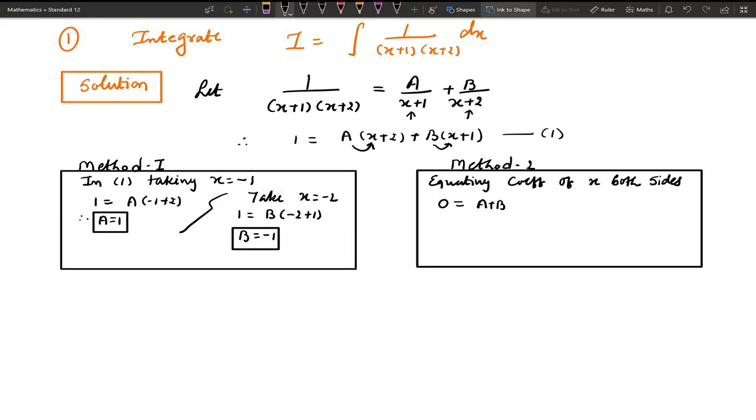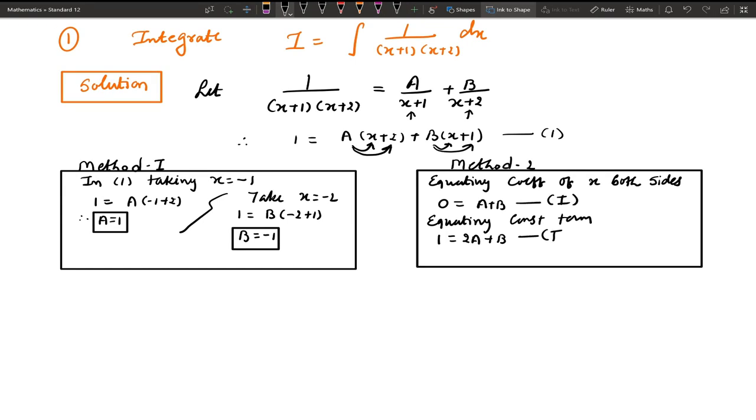Now equating the constant term both sides, the left hand side is 1, and here a into 2, so 2a plus b into 1.